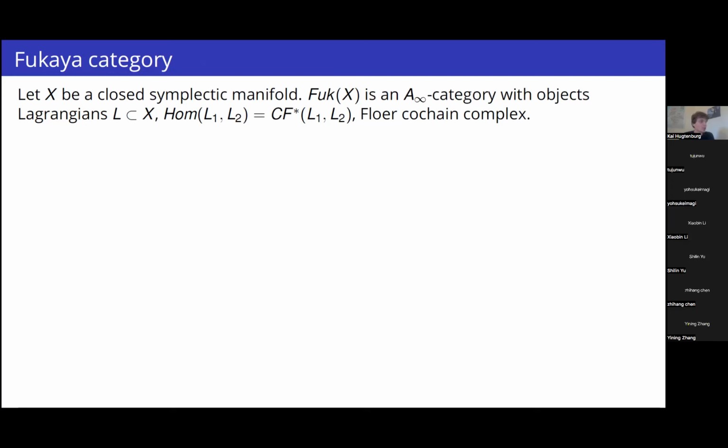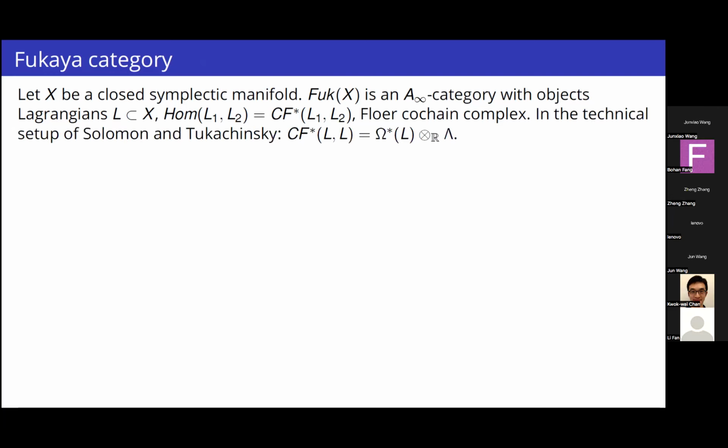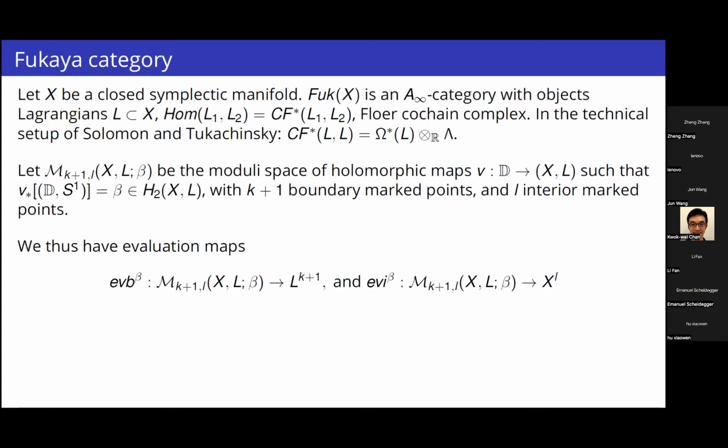And what is this? I'm going to work in a technical setup that's used by Solomon and Tukachinsky. In that case, we will work with one Lagrangian, and the hom space from a Lagrangian to itself is just given by differential forms on L with coefficients in the Novikov ring. And how are the A-infinity operations defined? Well, you consider the moduli space of holomorphic maps from the disk to X with boundary on the Lagrangian.